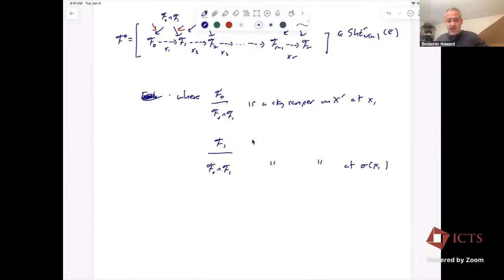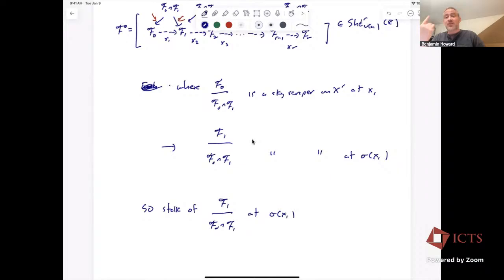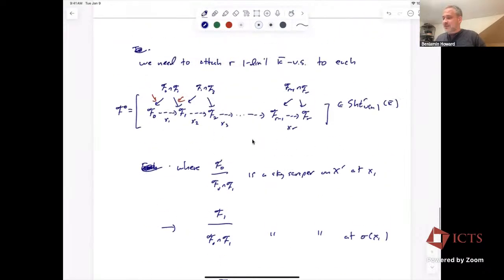Okay. So let's look at the second point. If I take the stalk of F1 mod F0 intersect F1 at the unique point where the stalk is non-zero, that's a one-dimensional k-bar vector space. Okay, so that means what?